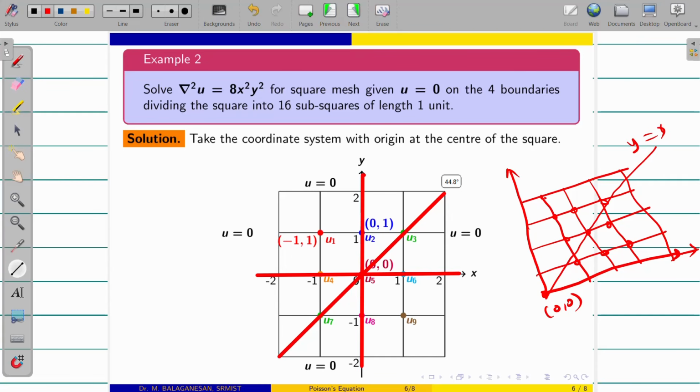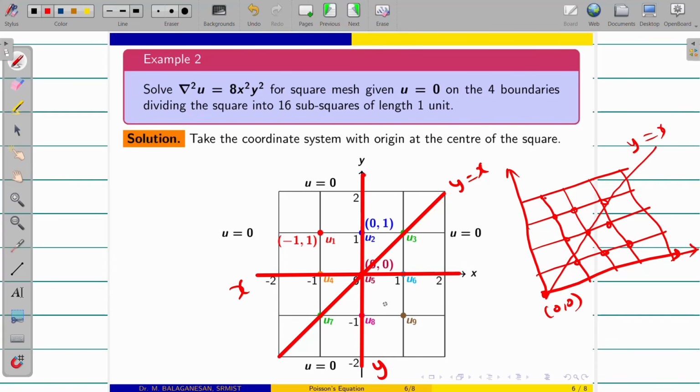Clear? If I draw the diagram like the other way, I can only use symmetry about the y equal to x line. But here it will be symmetric about the x-axis, the y-axis, and the y equal to x line. I hope it's clear now.